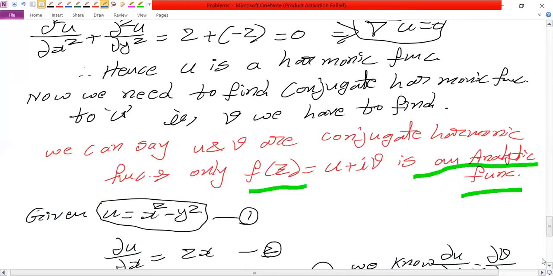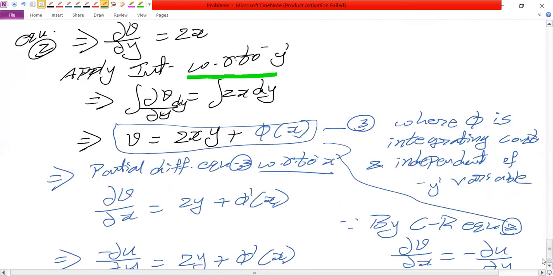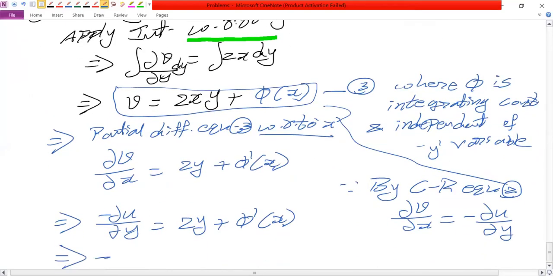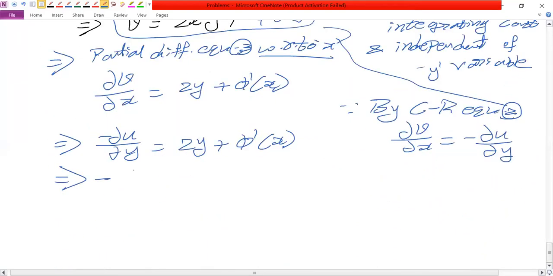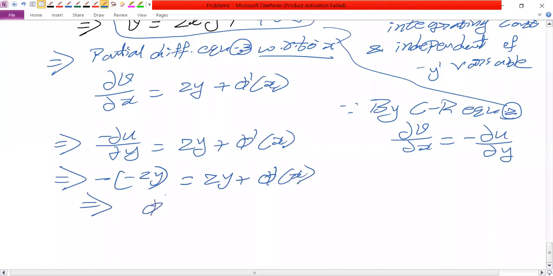So minus of minus 2y is equal to 2y plus phi dash of x. That implies 2y gets cancelled, and we get phi dash of x equals 0.